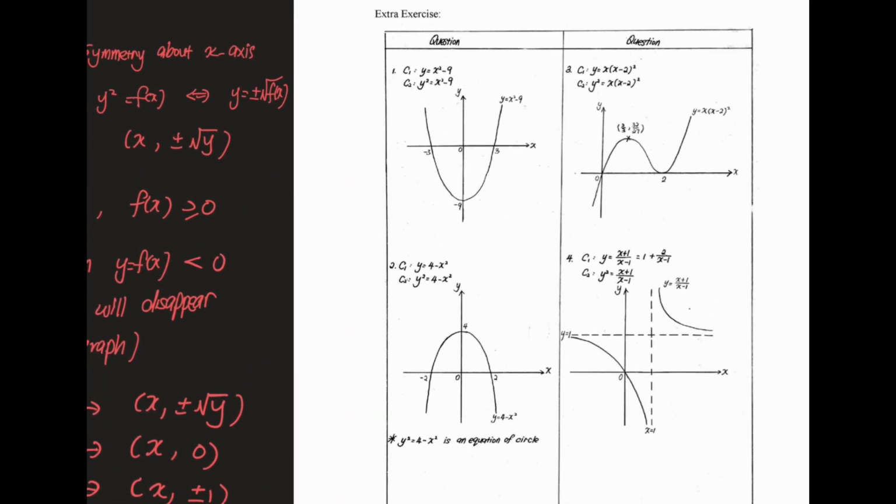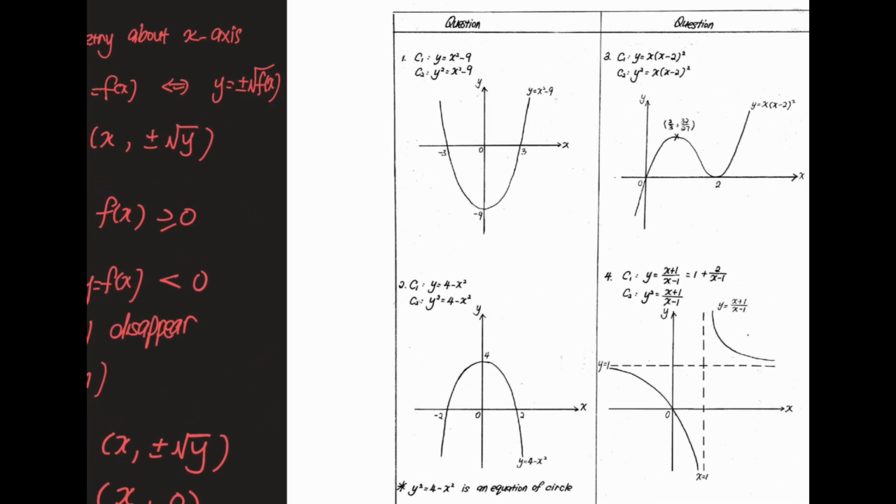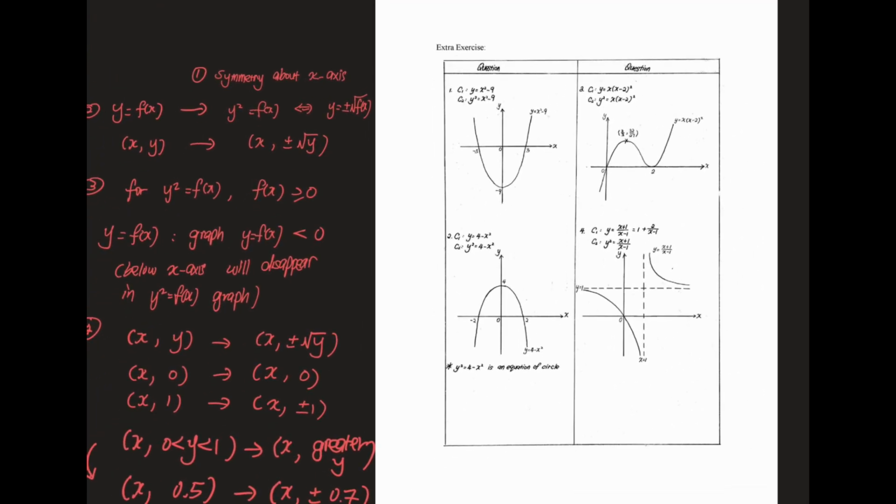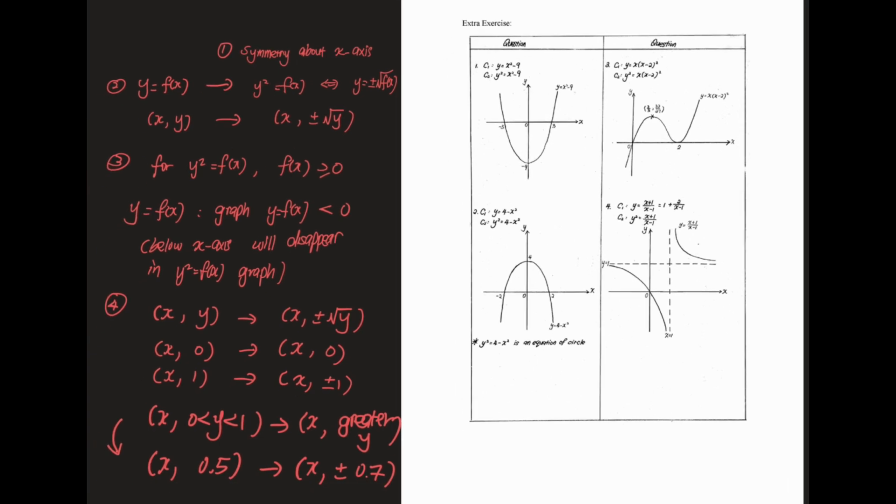So let's say the first one. First we need to know the points on y equal to 0 will remain in our y squared graph. Let's say y equal to 1 is just somewhere here. The point on y equal to 1 will remain there. Then in between 0 and 1, the graph is greater.